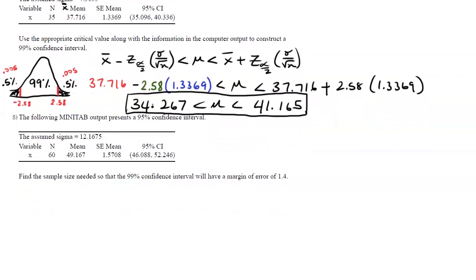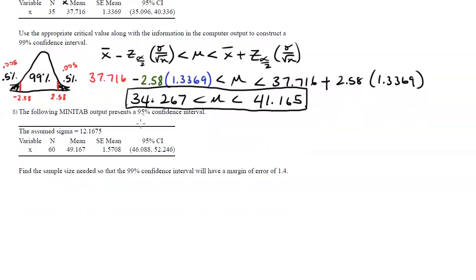Okay, next problem. Again, this is a Minitab output, 95% confidence interval, sigma, population standard deviation, 12.1675. And we have a 60 item sample. Sample mean here, x bar.